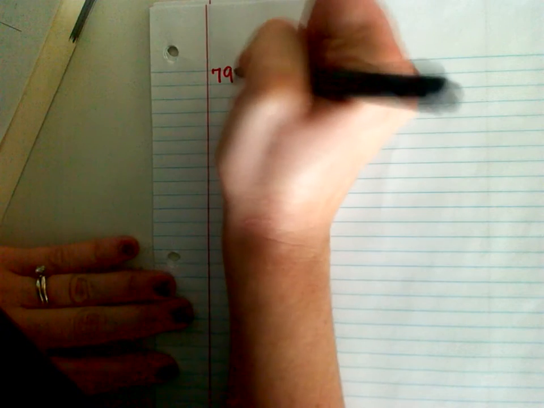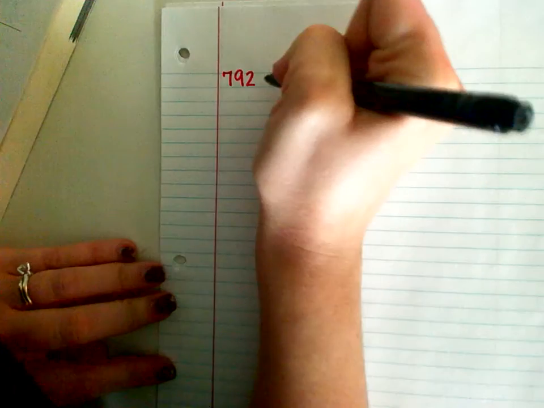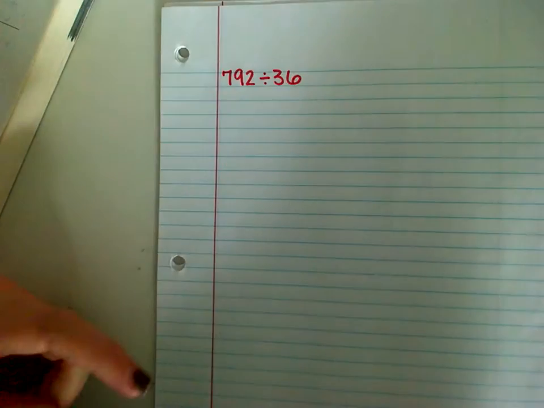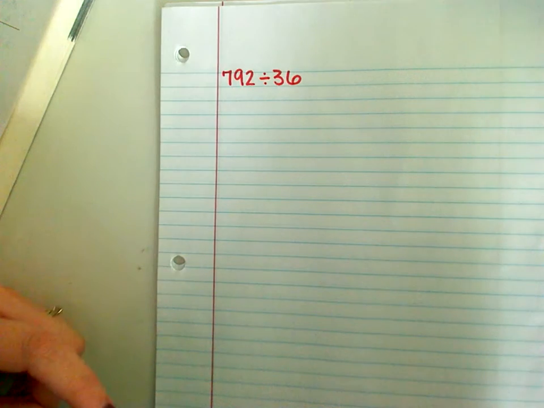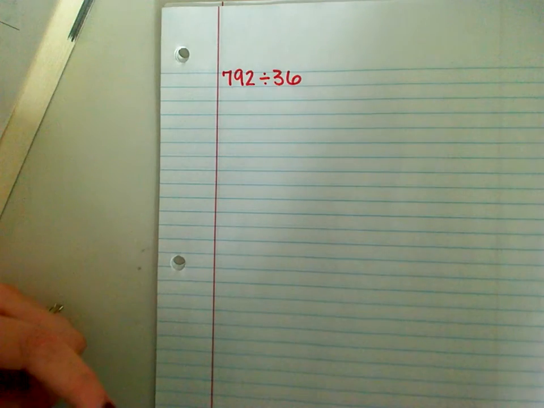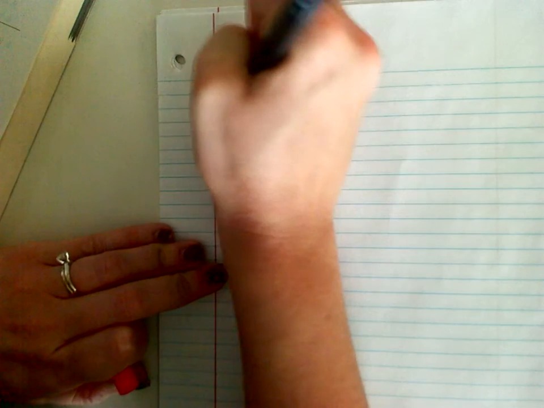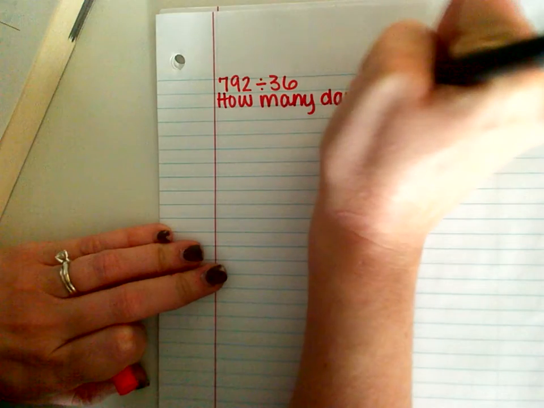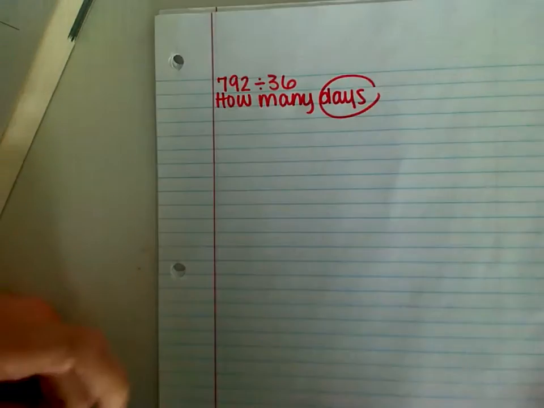We are going to write out our division problem, which is 792 divided by 36. And we need to find how many days. I want to write that so I remember to put my unit, which is days, on the end of my answer.